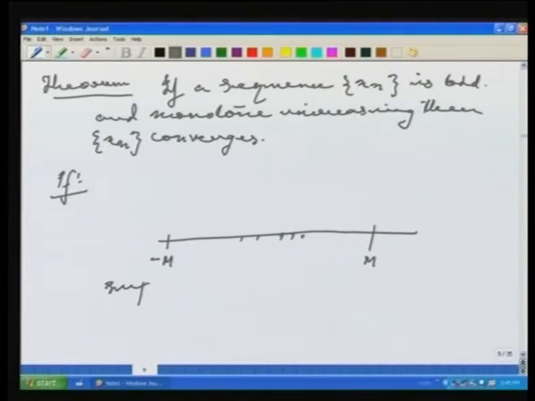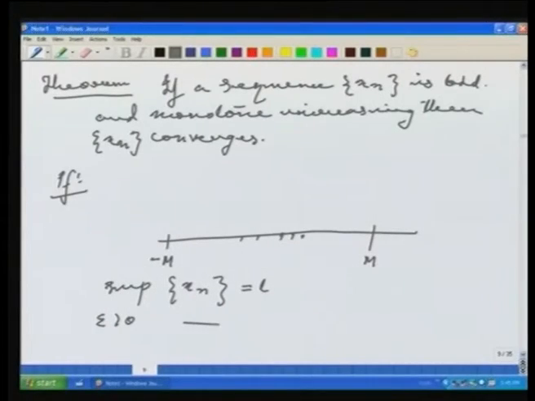Once somebody gives you a bounded non-empty subset of the real line, the first thing you will think about is its supremum. You can think about its infimum also. Let us get hold of the supremum first. So, let us look at the supremum of the x n's, and let me call it L. Since I am always denoting the limits by L, now you can guess that this L is actually going to be the limit. Let us try to see whether it is true or not.